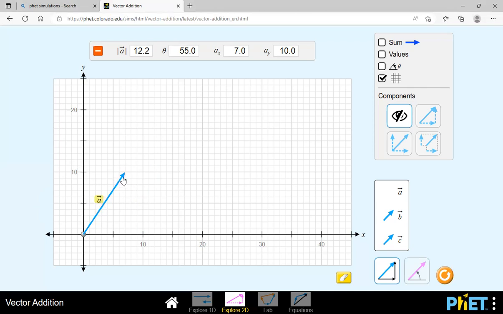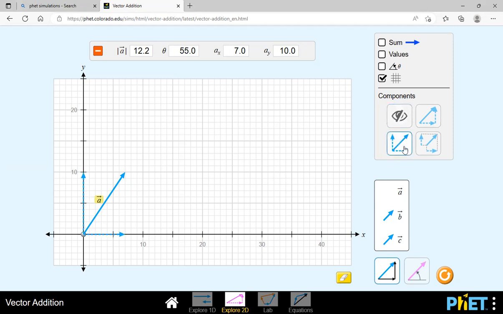When you want to find the x component, or the part of A along the x direction, you project a line from the head of A that is perpendicular to the x-axis. Let's see how.